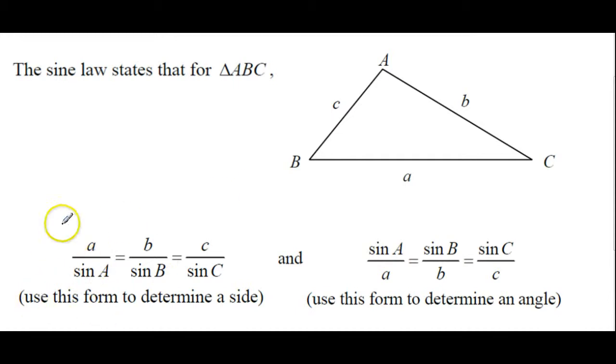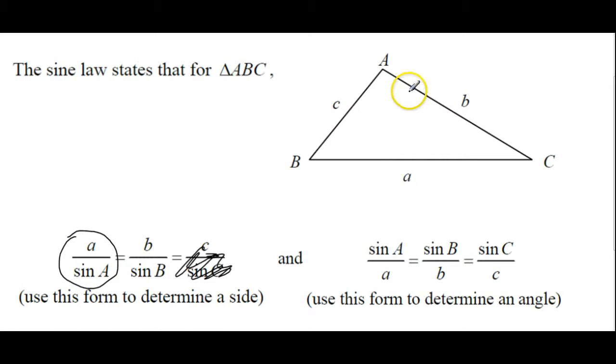You're going to use this form to determine a side, and you're going to use this form to determine an angle. Now you'll notice what this needs, let's say we don't have this. So we have four quantities here, right? And one of them needs to be a known pair.